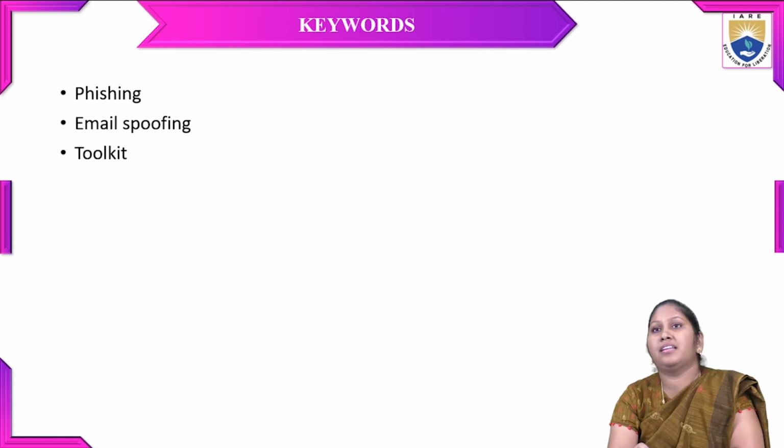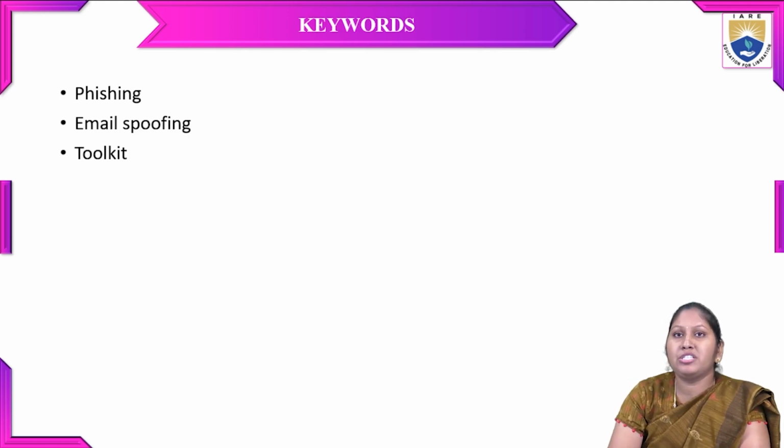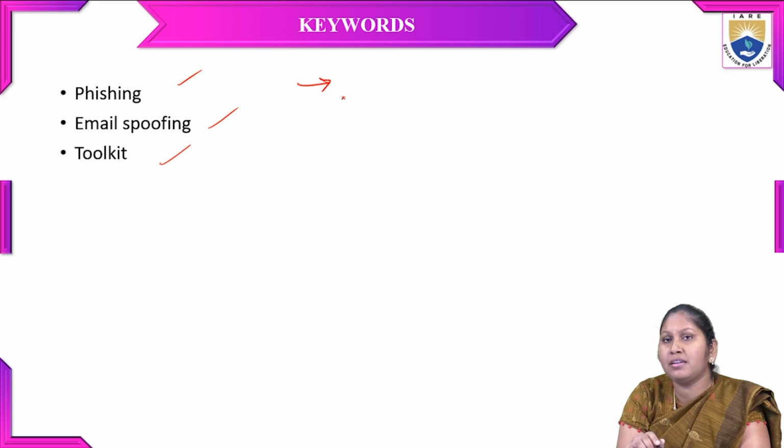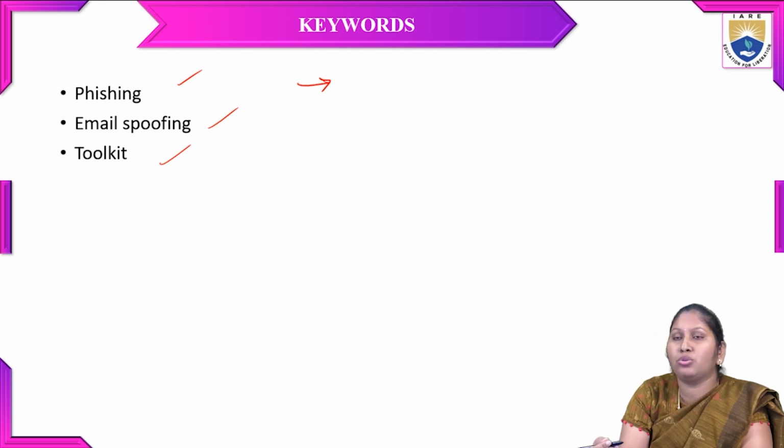And these are some keywords. First one, phishing, emails and toolkit. What is phishing? Phishing is nothing but identity theft done by dragging the information through different types of techniques and methods. Through social media or email spoofing, phishing attacks might happen.